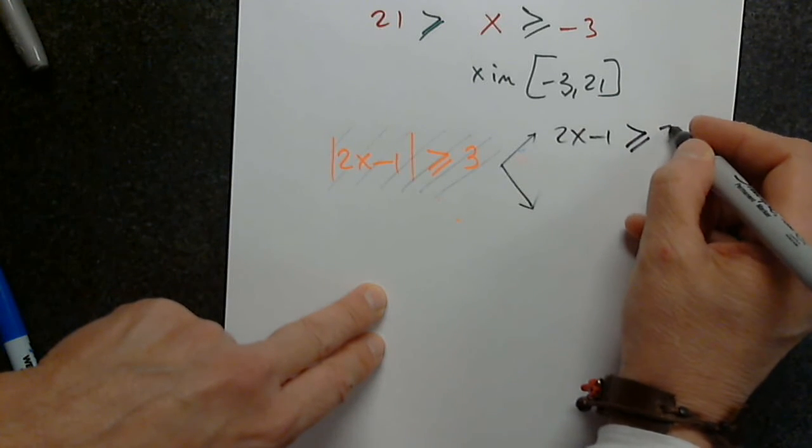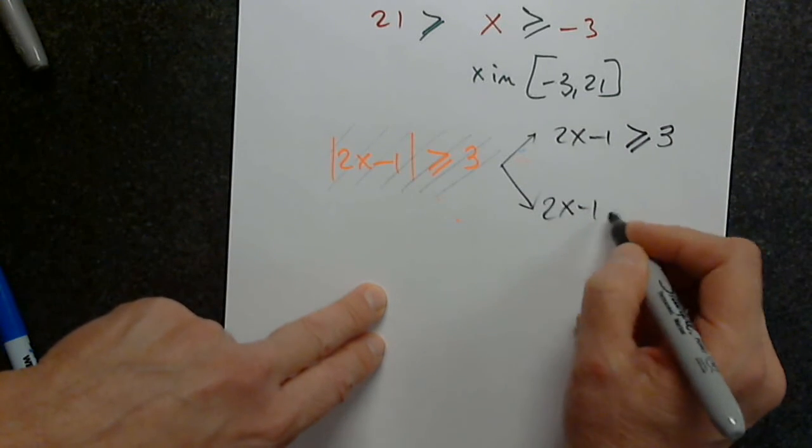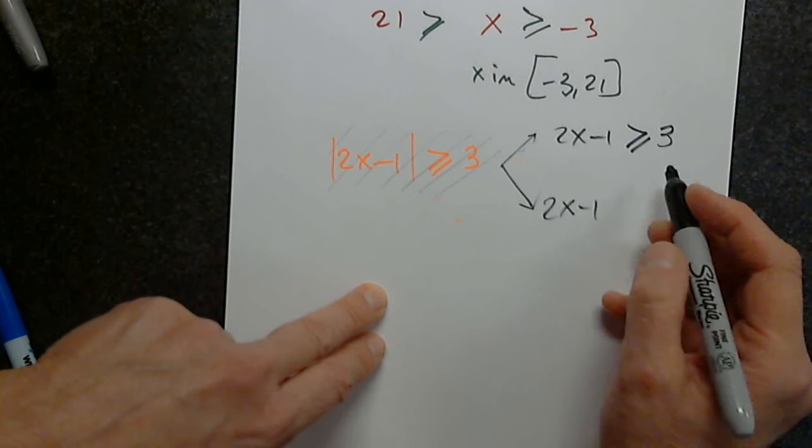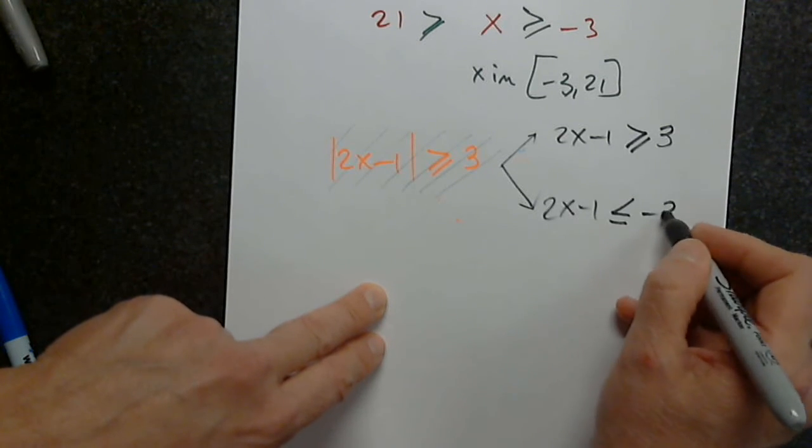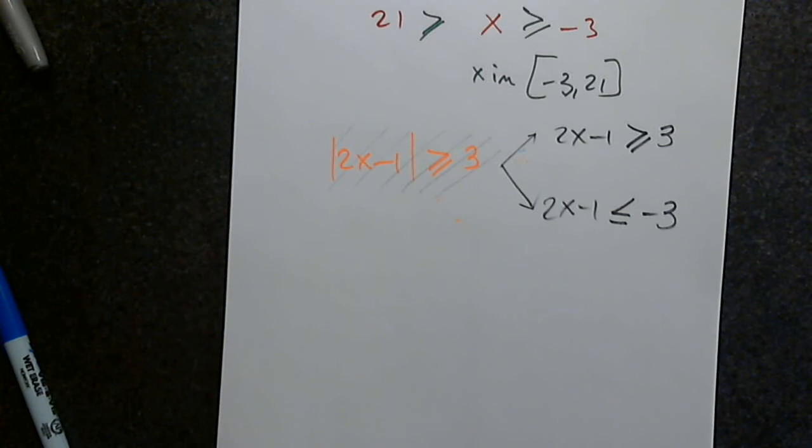Greater than 3 to the right, or 2x minus 1, exactly what I said. Exactly. So it's either in between negative 3 and 3 or outside. By outside, we mean to the right-hand side of 3 or to the left-hand side of negative 3. This type will always have the union symbol in the final solution, always.